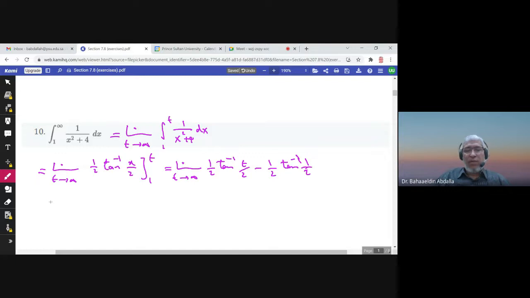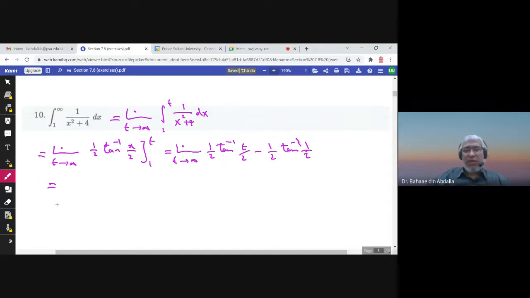And for tan inverse of t over 2, if we replace t by infinity, then tan inverse of infinity, as we know, is pi over 2. The limit of tan inverse when t approaches infinity is pi over 2.